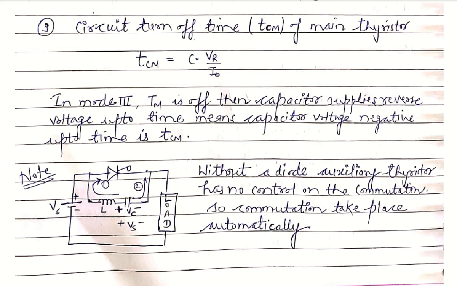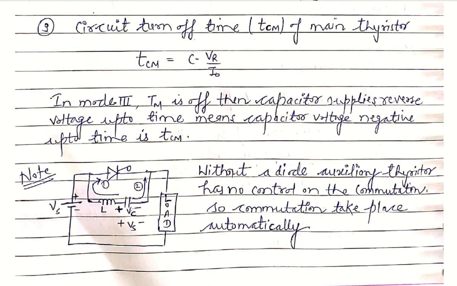And this is the important note: without the diode, if we do not use the diode in this circuit, then what will happen? Without a diode, the auxiliary thyristor, which is TA, has no control on the commutation, and so commutation will take place automatically. So if we do not put the diode here, what will happen? In the starting, this capacitor polarity will be plus minus Vc.